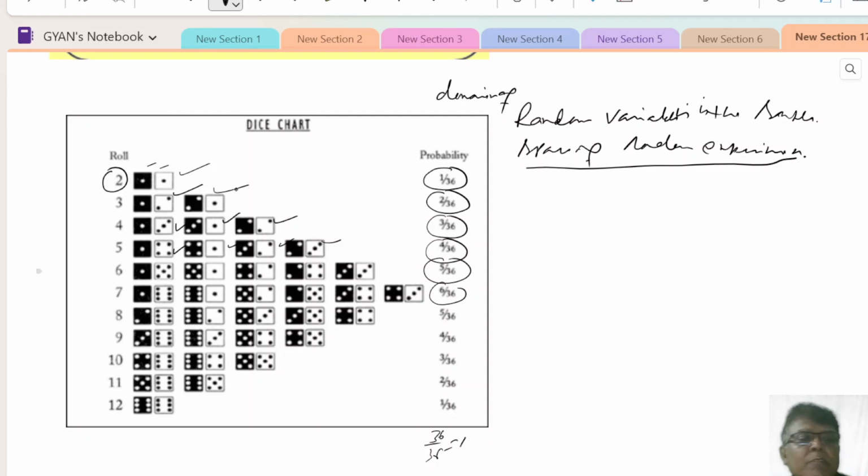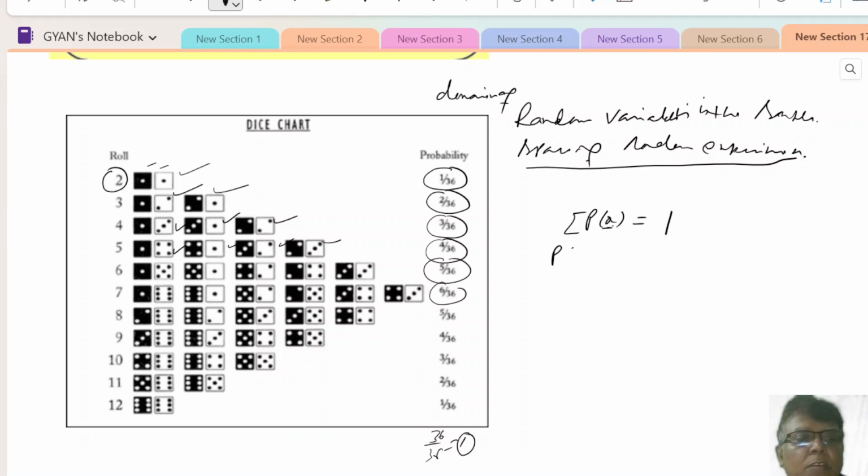All the outcomes will be members of one or the other random variable values. So the total probability will be 1. That means the sum of p(x), where x is the random variable, is equal to 1.